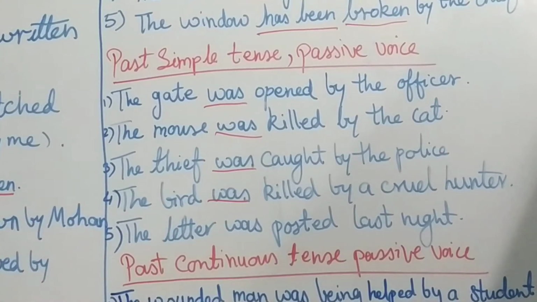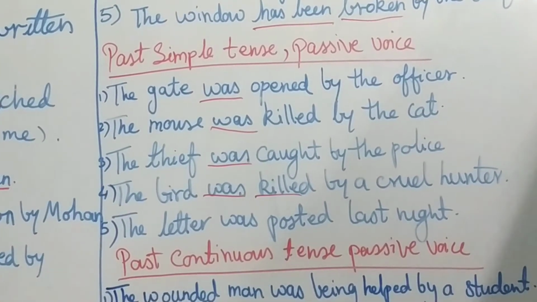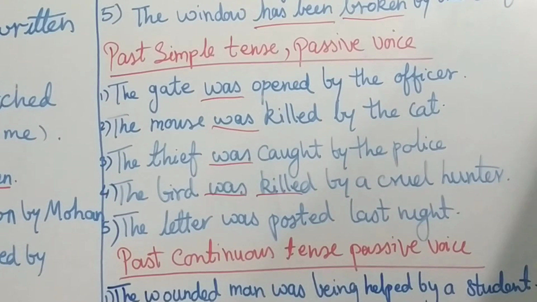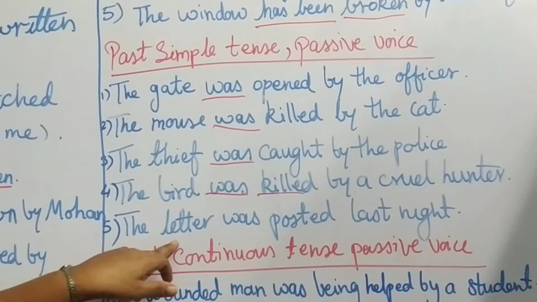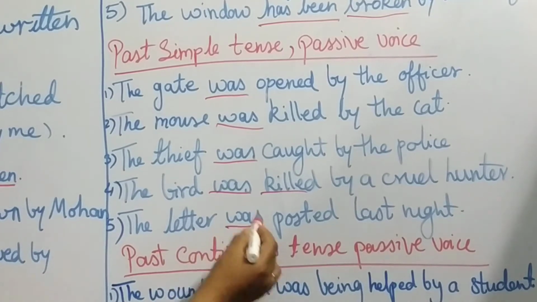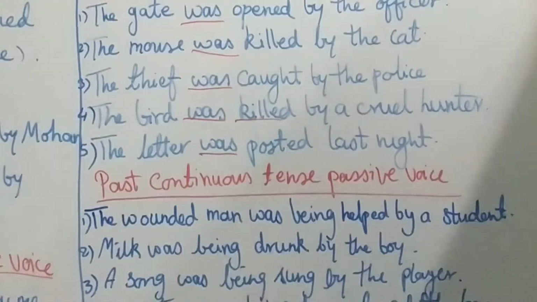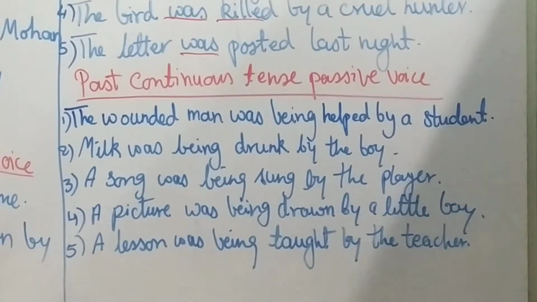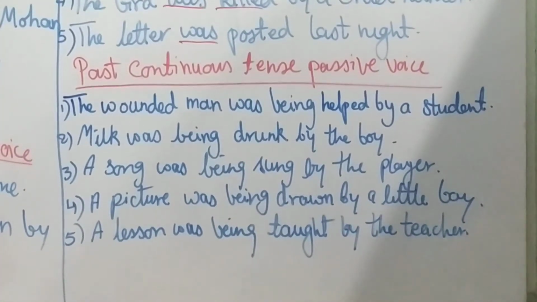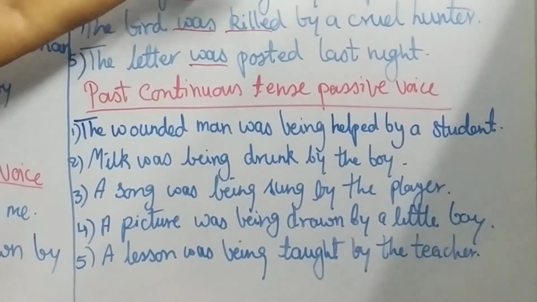Was helping verb, killed past participle of to kill. Last sentence, the letter was posted last night, which is the helping verb was, and posted past participle of the verb to post. Okay, so that was use of to be in past simple tense, passive voice.